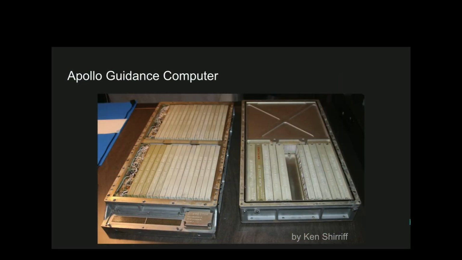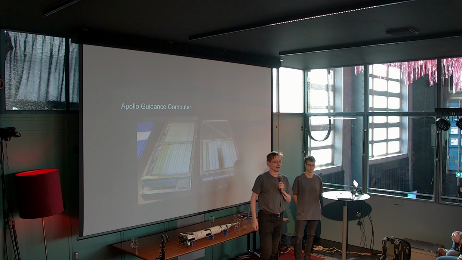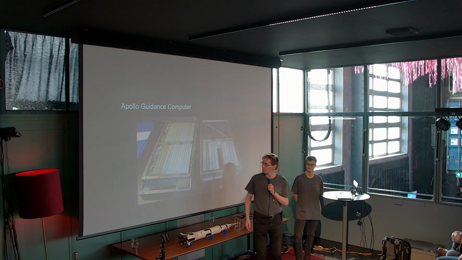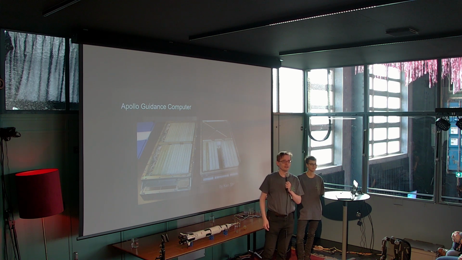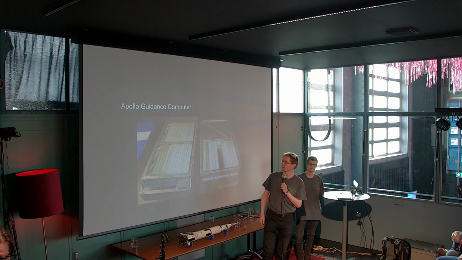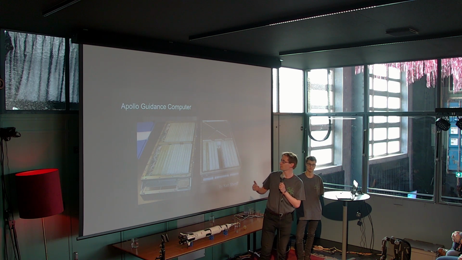So the computer that he had was the Apollo guidance computer. It was a miracle of modern technology for the 1960s. It was the world's first computer that used integrated circuits instead of discrete components. Most people who talk about it say a lot about its memory. It had less than 4 kilobytes of memory, which is not great. But it was actually an extremely powerful computer for even 20 years later.